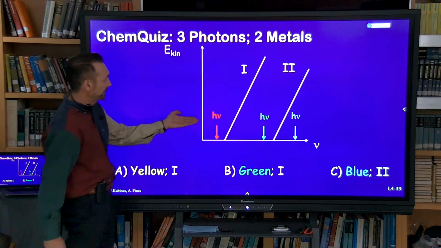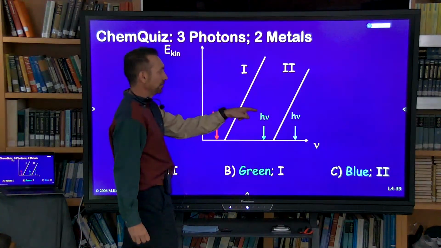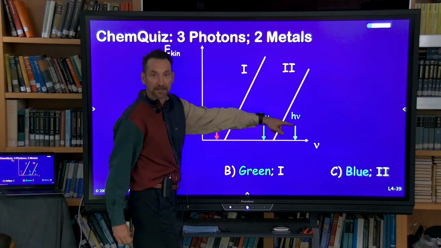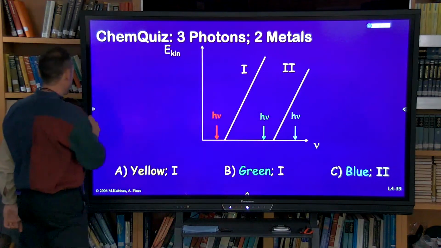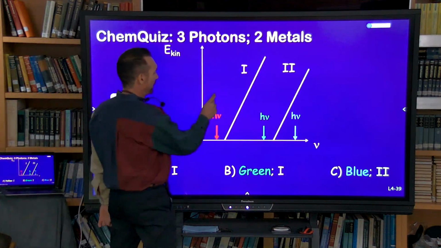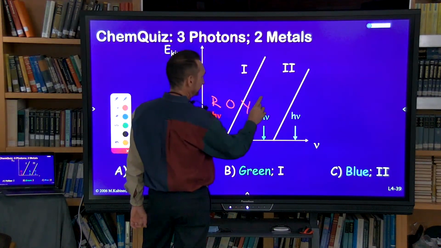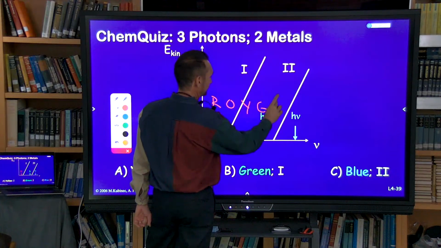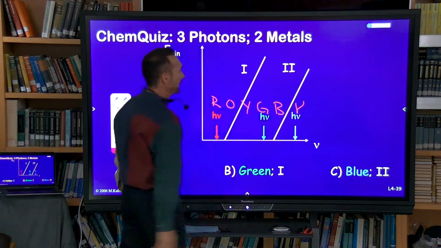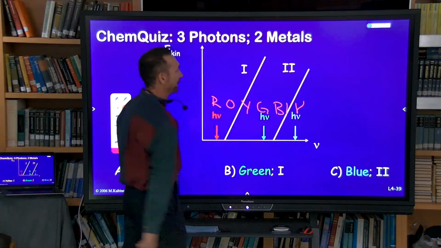So this is the rainbow spectrum: red, orange, yellow, green, blue, violet. So there's a mnemonic that some people use: Roy G. Biv. In fact, you can put an I in there.